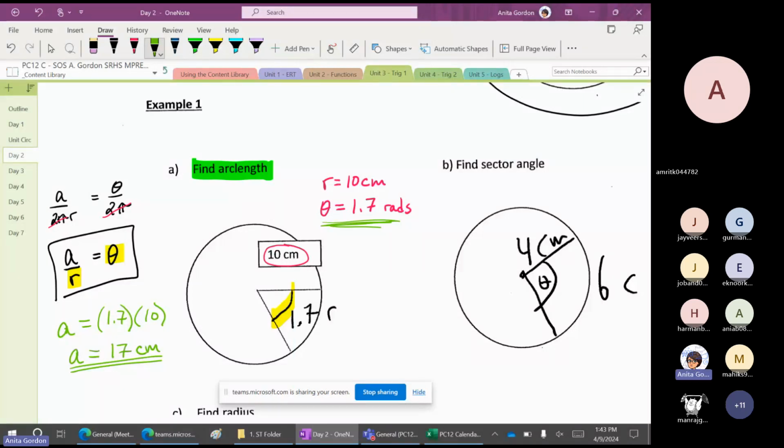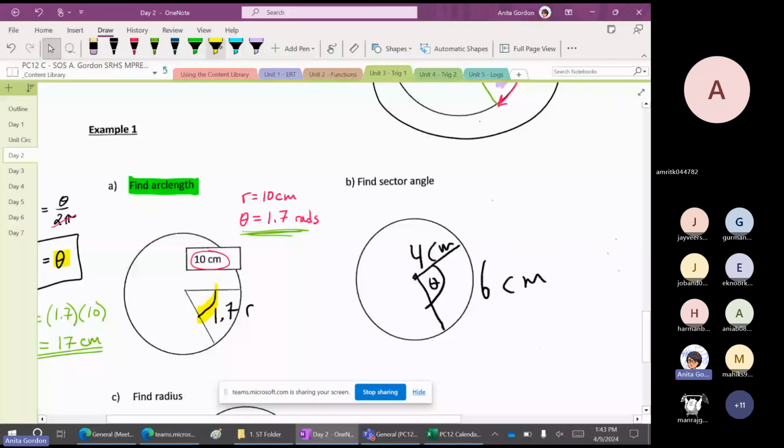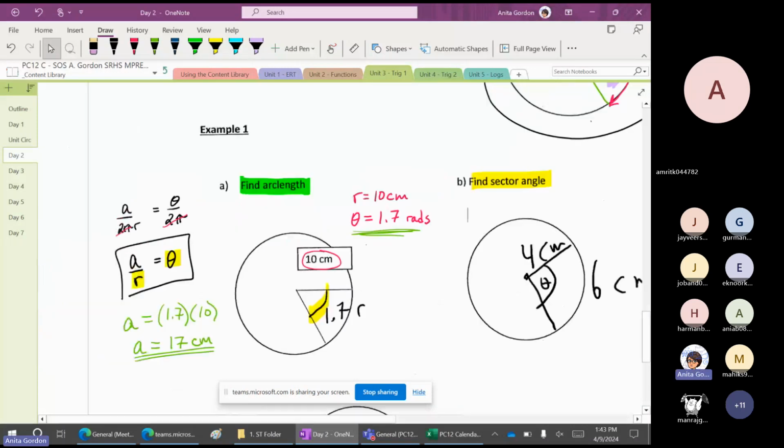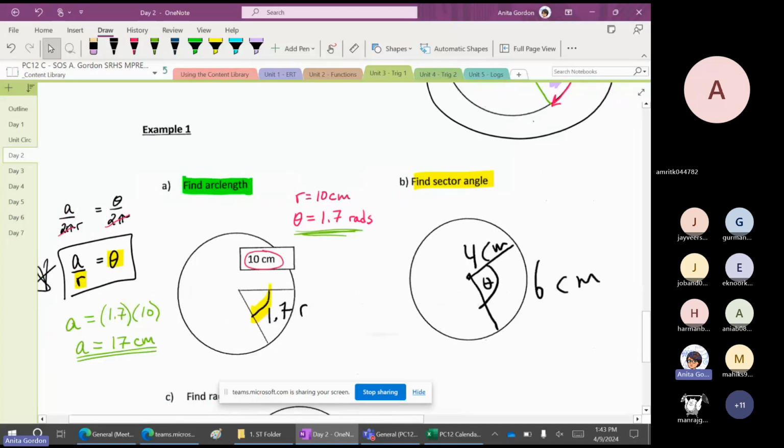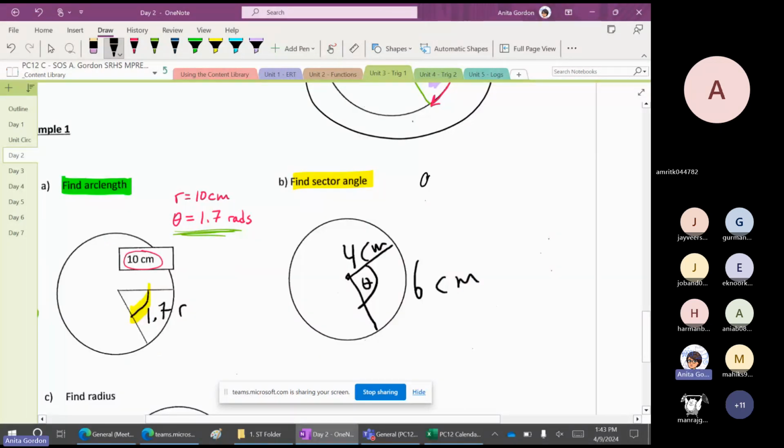Okay, in example B, find the sector angle. So now I'm looking for theta, and I start with this equation, right? Because it's true for all circles. A over r equals theta. My r is 4, and my arc length is 6. So 6 over 4 equals theta.